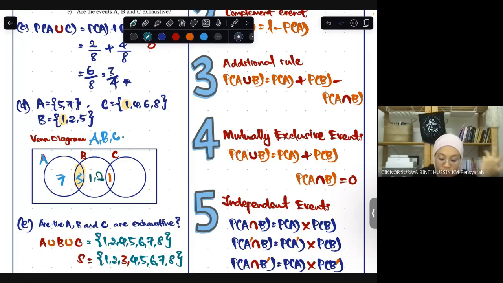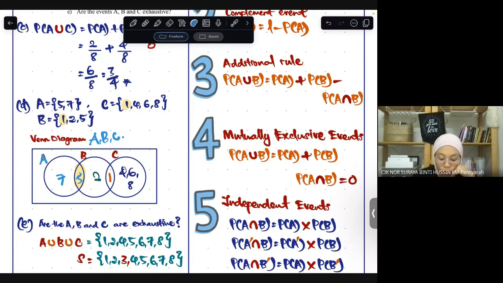So the rest of the numbers are just 4, 6, 8. Here, I don't need to write number 1 anymore.